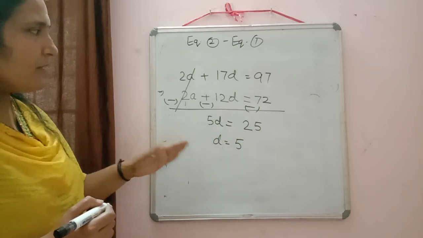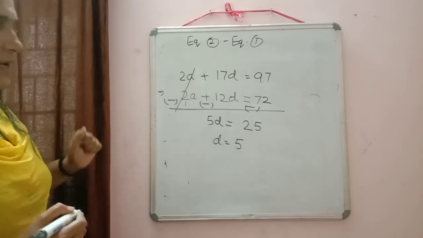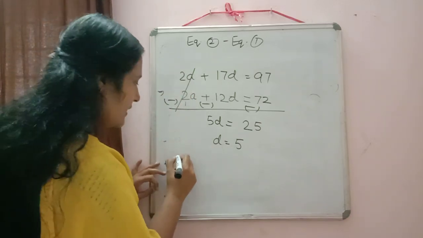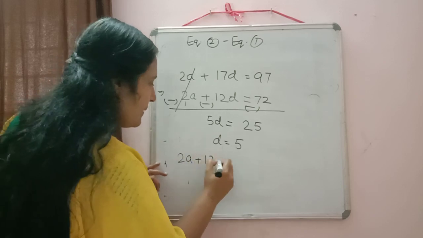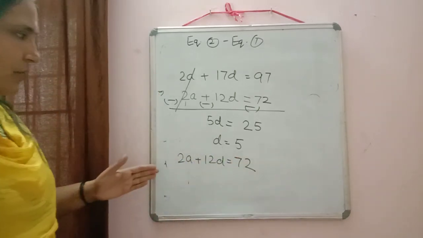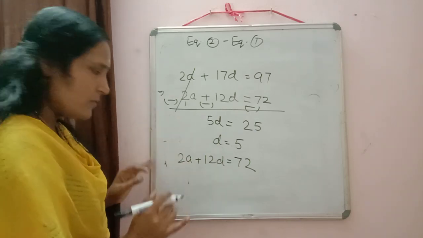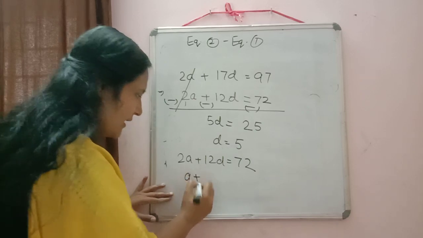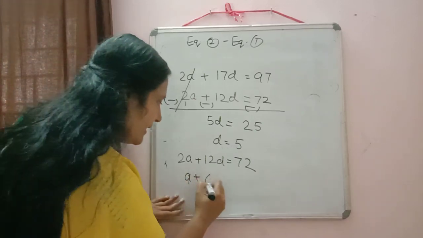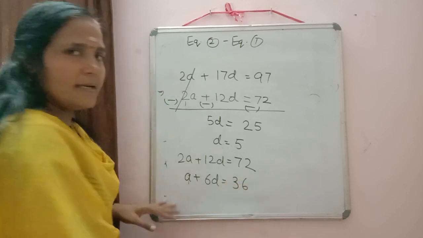Now to get the value of A, you can substitute the value of D in any one of the equations. Suppose I am substituting in equation 1: 2A plus 12D is equal to 72. Now if you want, you can cancel it by 2 there, because we don't want the values now. So dividing by 2, it will be A plus 6D is equal to 36.